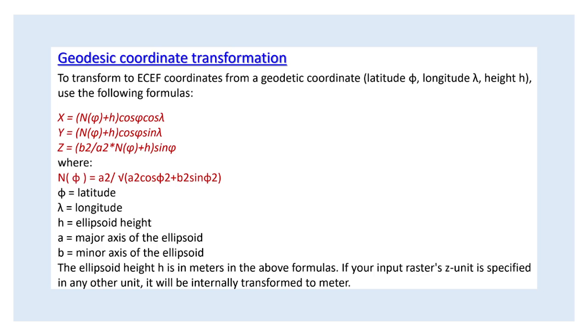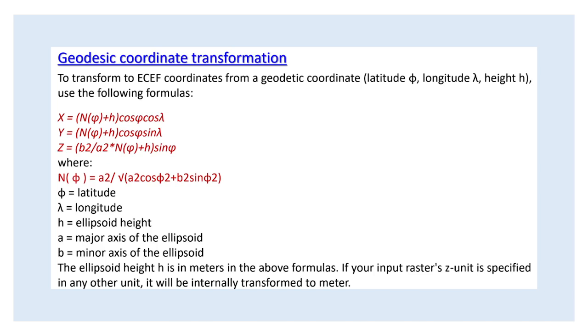Now this is not so straightforward like the planar method. In order to transform from a geodetic coordinate to ECEF, we need to use these formulas for x, y and z. Earlier we only had to be concerned about x and y, but here you also have to consider the z part.